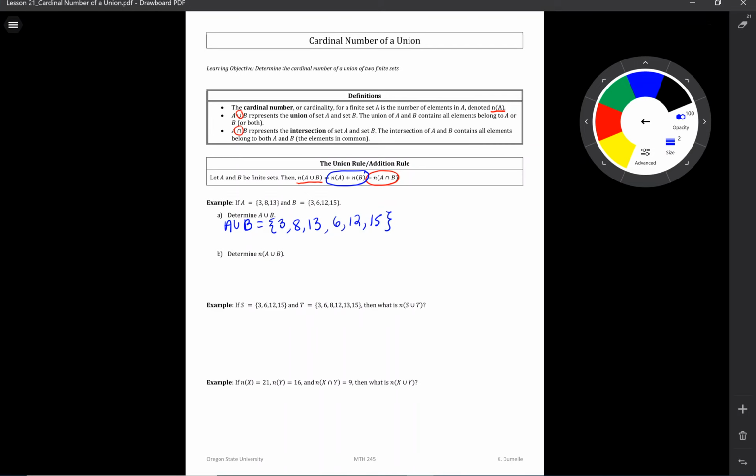If I wanted to determine n(A union B), the number of elements in A union B, in this case I can just count them: 1, 2, 3, 4, 5, 6.